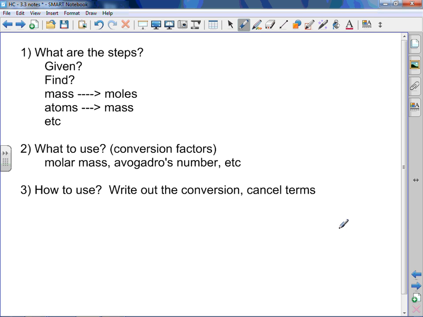Remember, don't start with a conversion factor, because you don't know if you're going to go 1 mole over Avogadro's number or not until you're in the problem. So you always start out with what's in the question, what they gave you. Use conversion factors so you get to the final answer. If you set them up this way, then usually you're in pretty good shape. And that should take care of what we need.